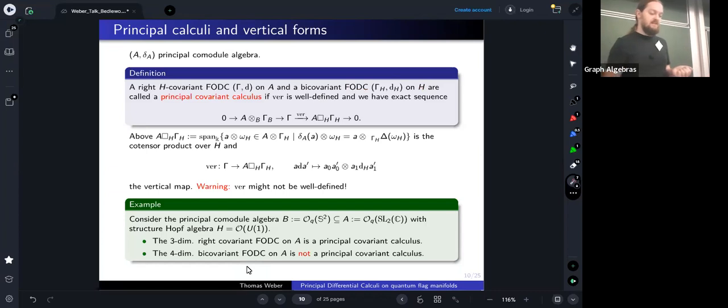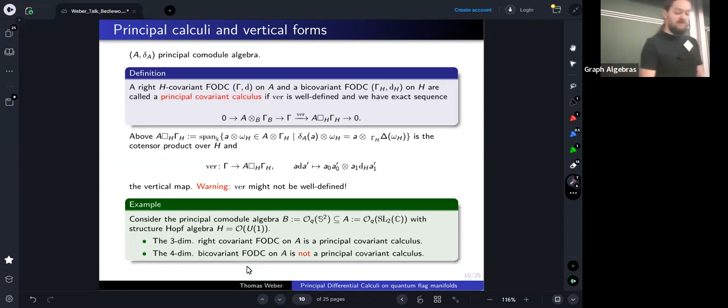And for a calculus on H, we would like those coactions to also lift to the level of forms. And this is what is called a bicovariant calculus. There's a nice classification theorem by Woronowicz. So we always know that there are some calculi. We can always choose some. Given this data, so those two calculi, we call the combination of those two calculi a principal covariant calculus.